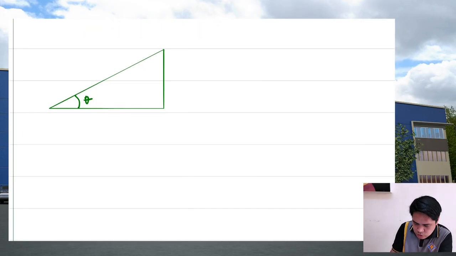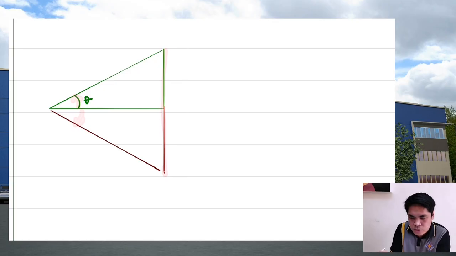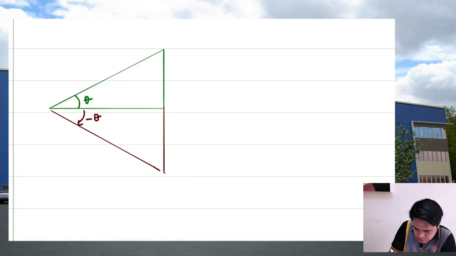So, mag-drawing ulit tayo ng the same triangle, another triangle, pero yung theta, instead na counterclockwise, yung theta, i-measure natin ng clockwise para maging negative siya. Let's just say na this is the same as this because this is theta, this is also theta, pero opposite yung direction niya. So, this is negative theta. Okay? Again, this side is B, this side is A, and this side is C.